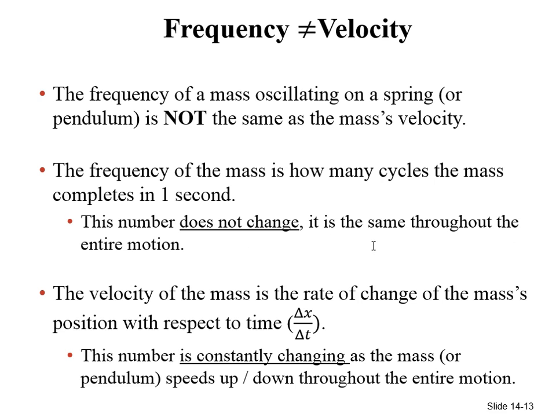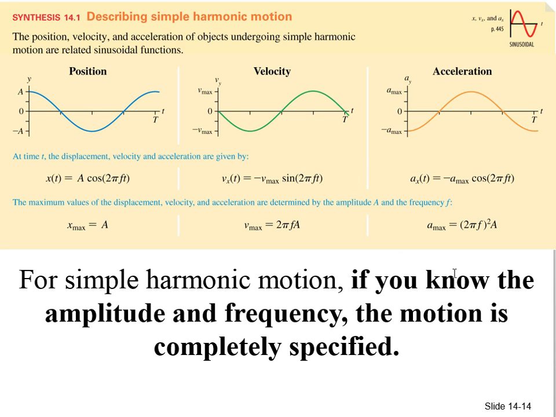It's if something is moving back and forth, back and forth. Now, eventually, if it stops moving altogether, then the frequency would be different. But the frequency is going to be constant. It's the velocity which will be changing. So you can read through that more if you need to. This was just as a reminder that if you knew the amplitude and frequency, you pretty much could plug that into these formulas and get all three of them.